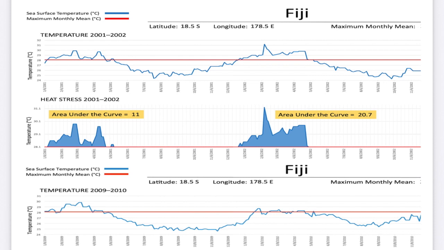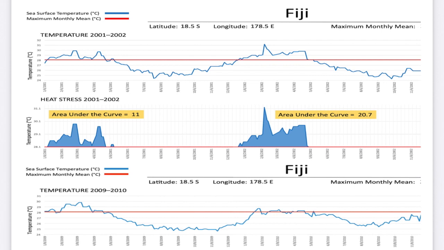Now, corals or oceans all have different temperatures, and corals live in all different temperatures. It's not a problem if the water's warm or the water's cool. What matters is if the water is warmer than it normally is for an extended period of time. That's what causes problems. What they've measured here is the amount of time.